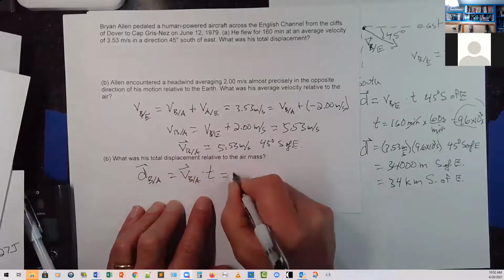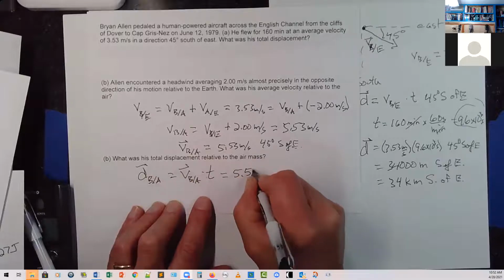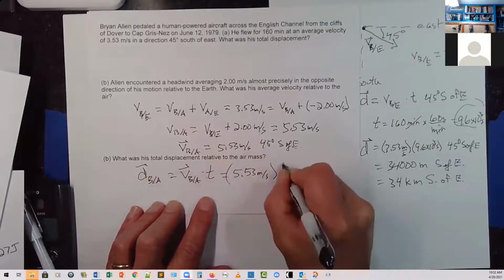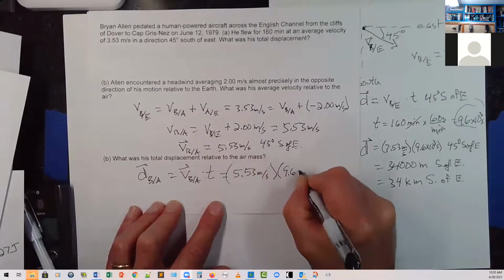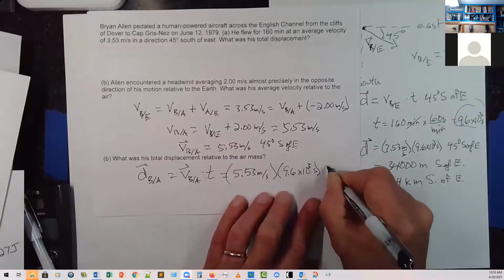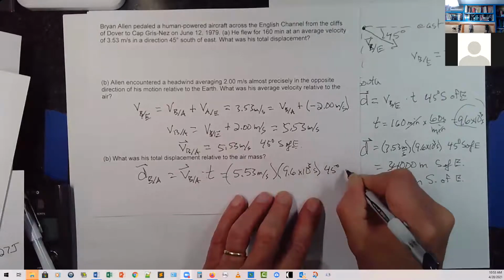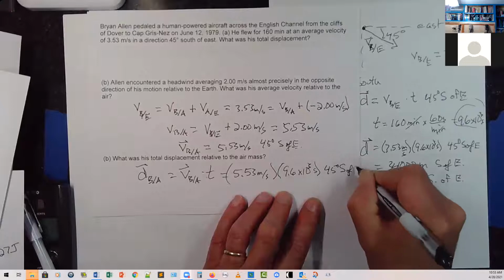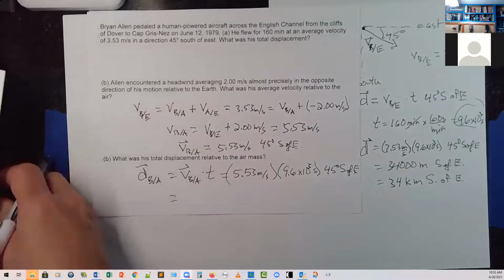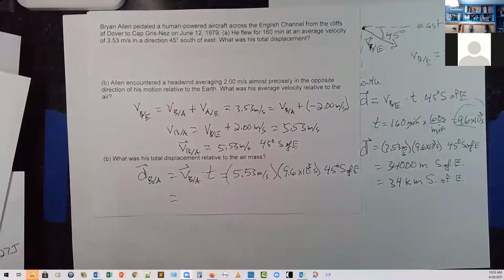So 5.53 meters per second times the 9.6 times 10 to the third seconds. And direction-wise, it's 45 degrees south of east. And it's quite a bit farther.